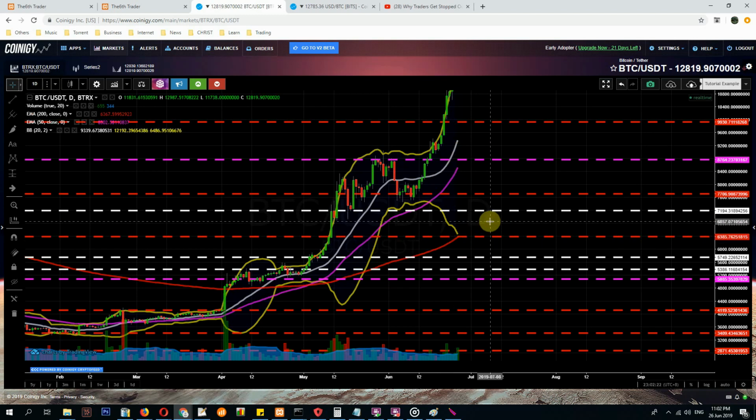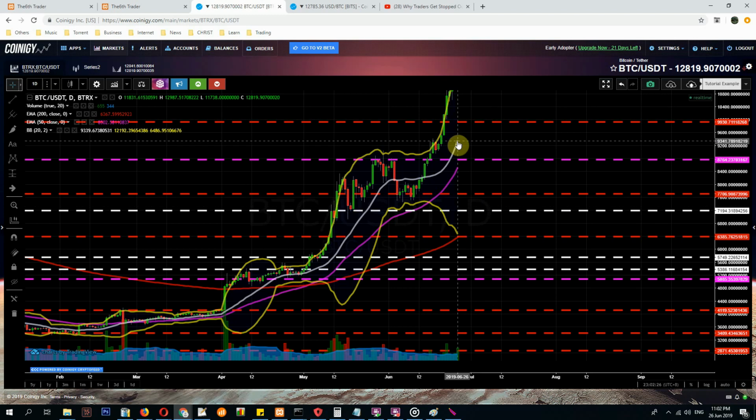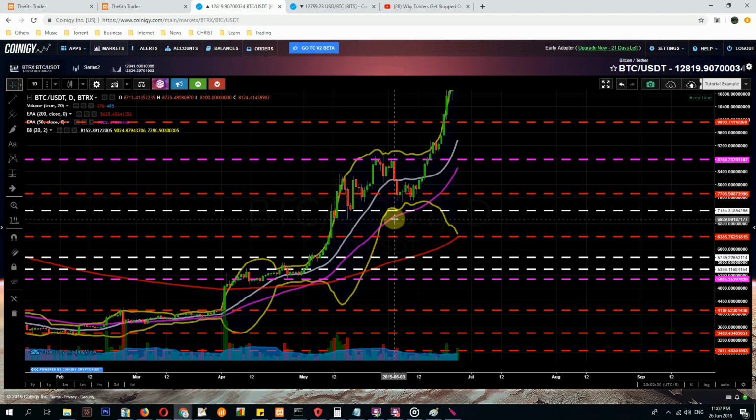Because this is based on short term, 20, midterm, 50, and long term, the red or 200. So the 200 moving average is long term, the 50 is in the middle, and the 20 simple moving average is the short term moving average.